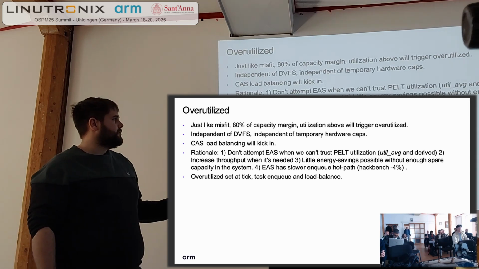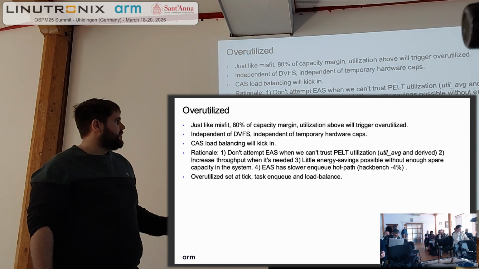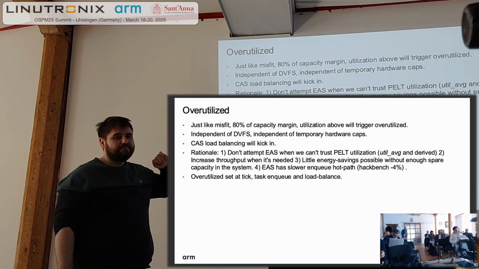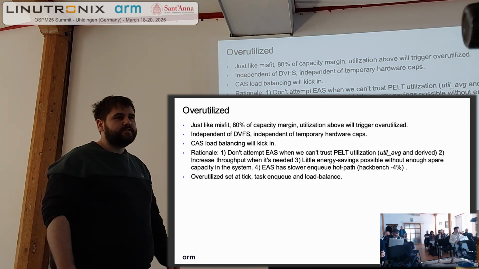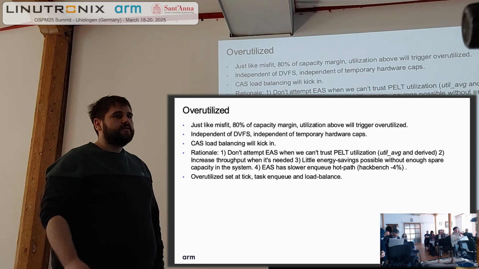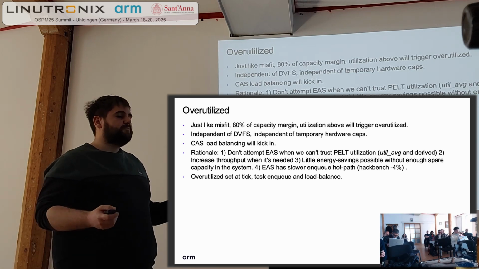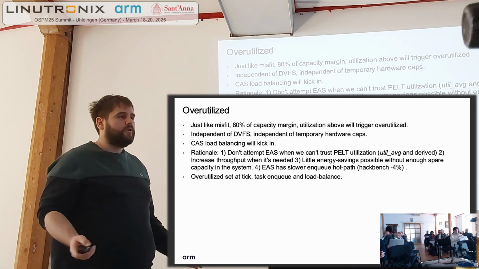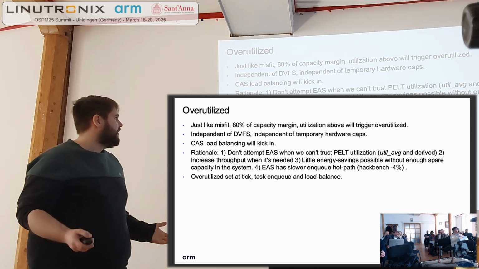We don't want to do that when the system is highly utilized. But yeah, more recently, I think the main issue is that we can't trust our PELT utilization signals when we're overutilized. Therefore, making energy calculations based on these utilization signals is just wrong. It's basically undefined.